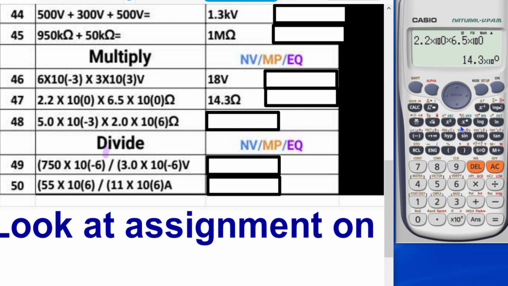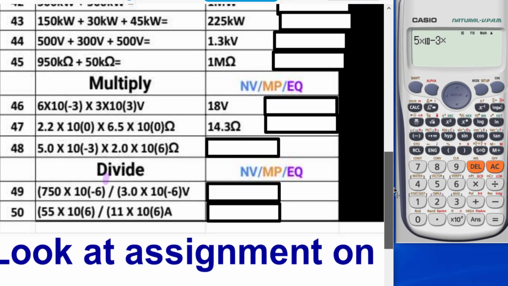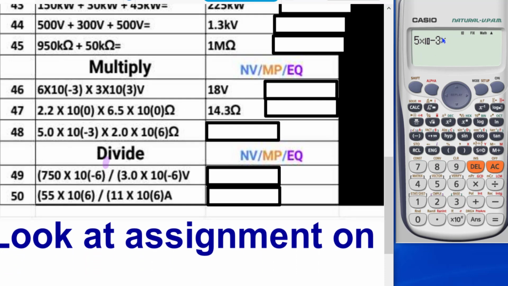Number 48, I'm going to do 5 times 10 to the negative third times, all I'm doing different here from my addition above in numbers 41 through 45, I entered a plus sign in between my two engineering notation numbers. In this case, I'm entering a multiplication sign in between my two engineering notation numbers.